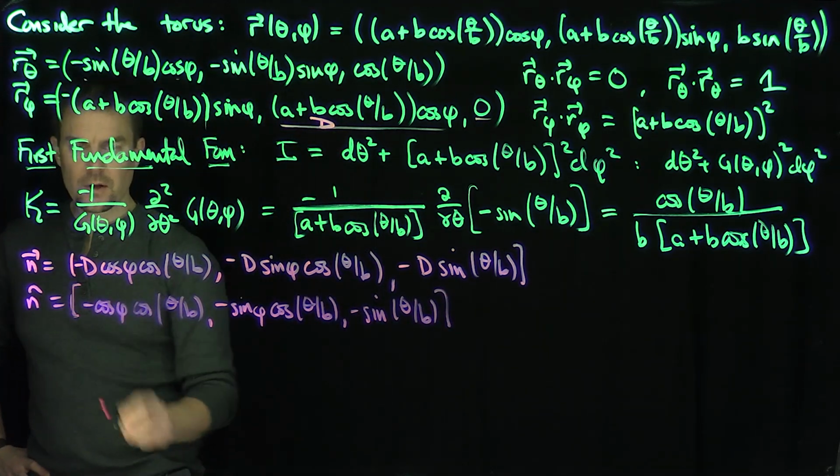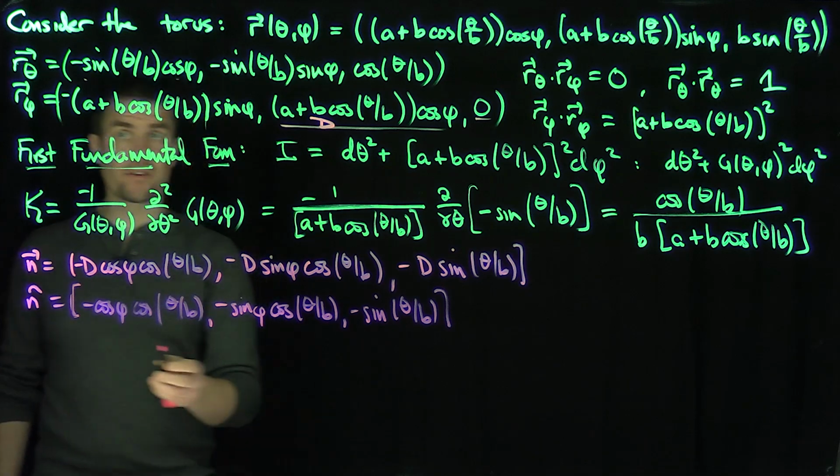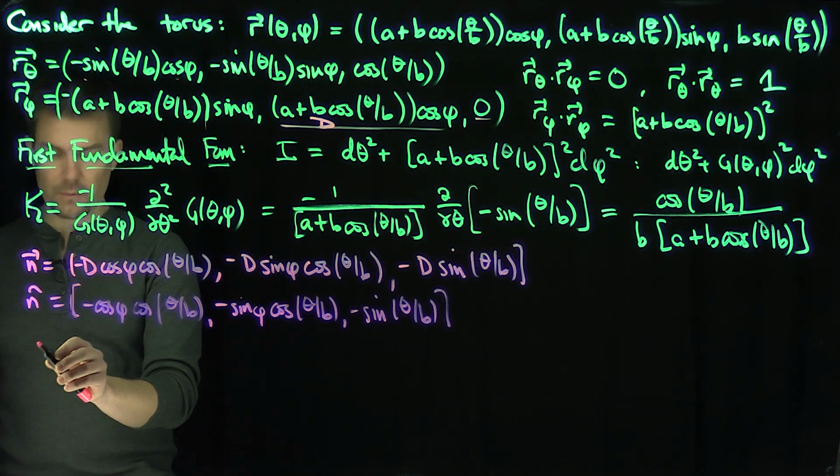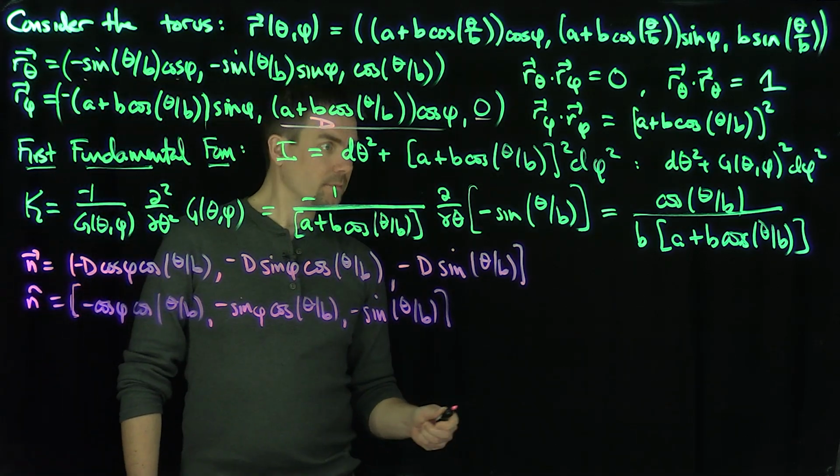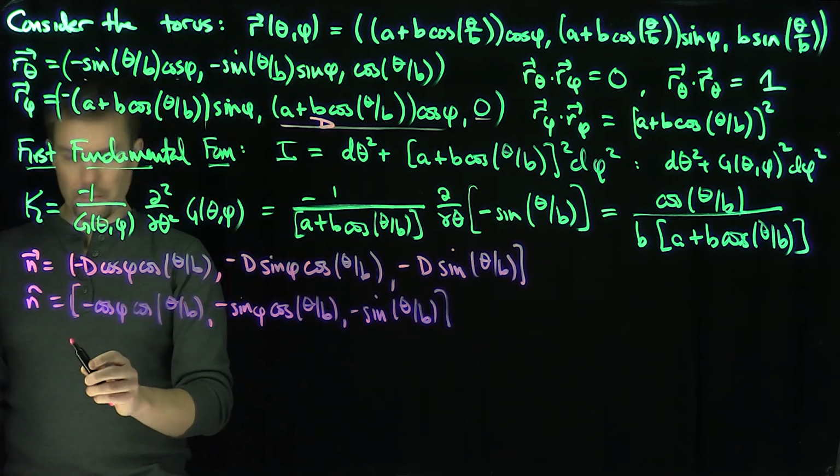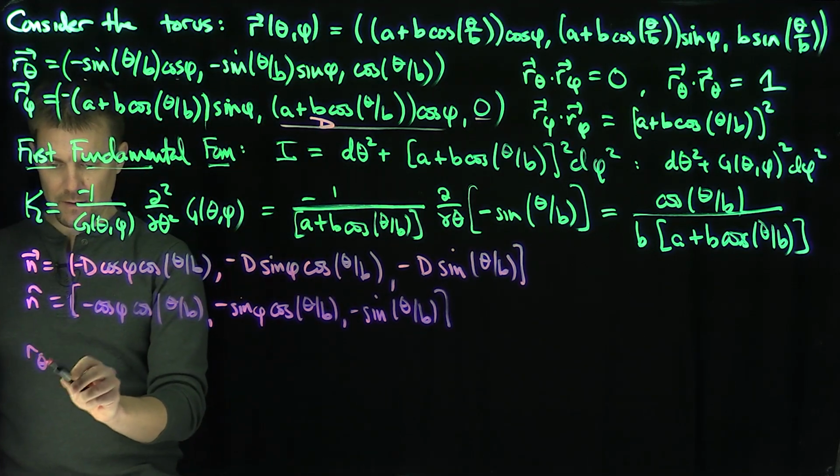Great. Let's take the second derivatives so I can see what the second fundamental form is going to be, right? So my second fundamental form over here is going to be what? So what's my r theta theta going to be?